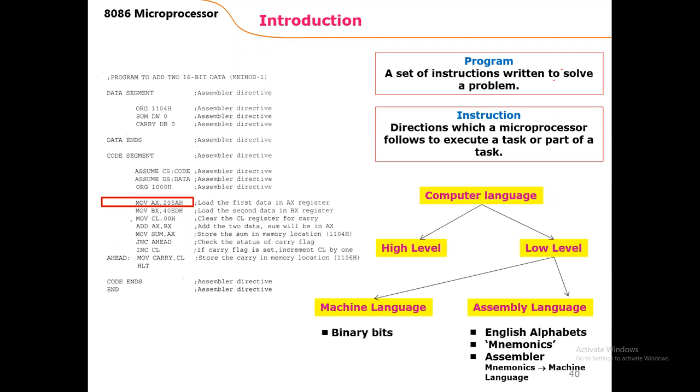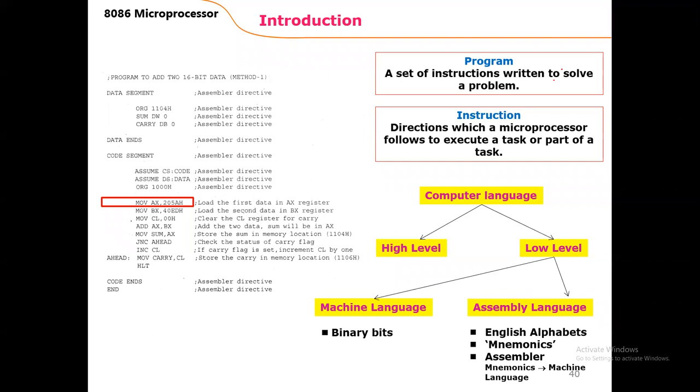The compiler compiles the coding, checks errors, and finally converts it to machine language. This is called a compiler. But in assembly language, the compiler's name is assembler.